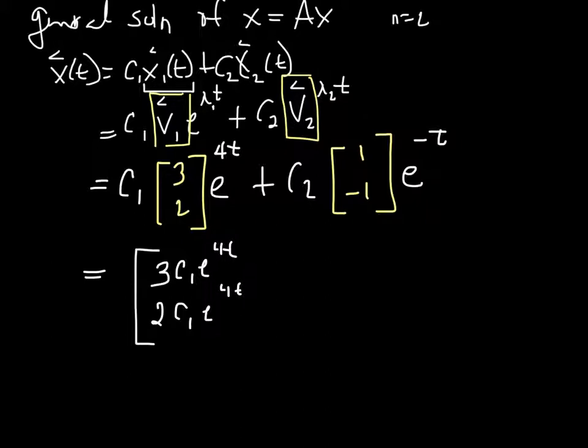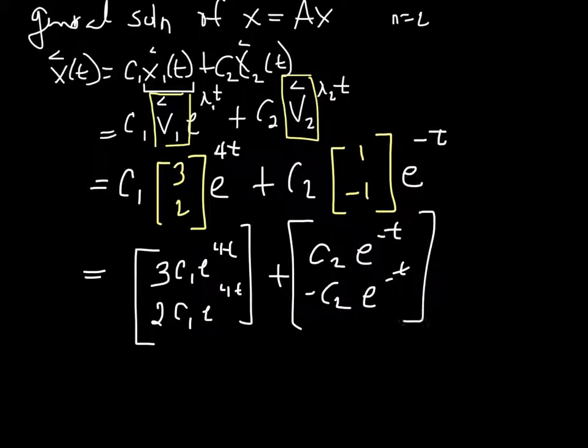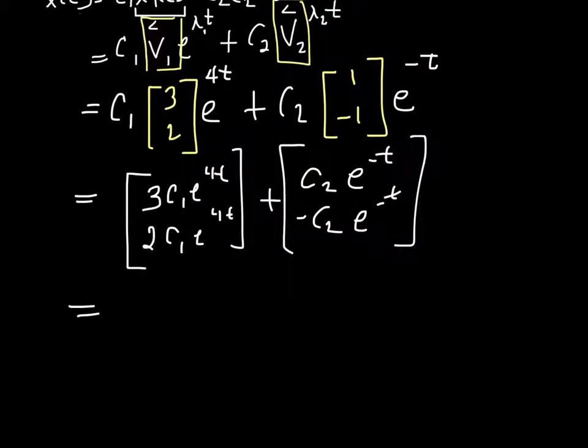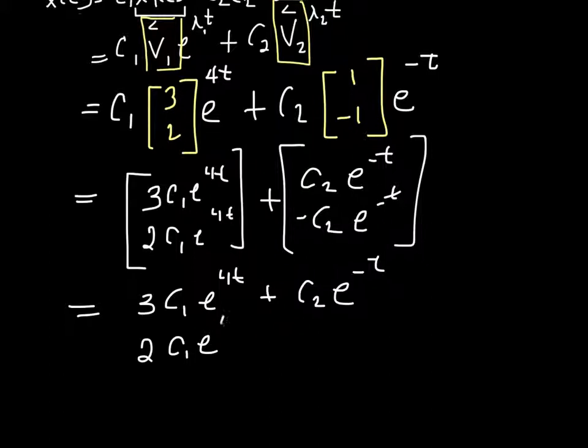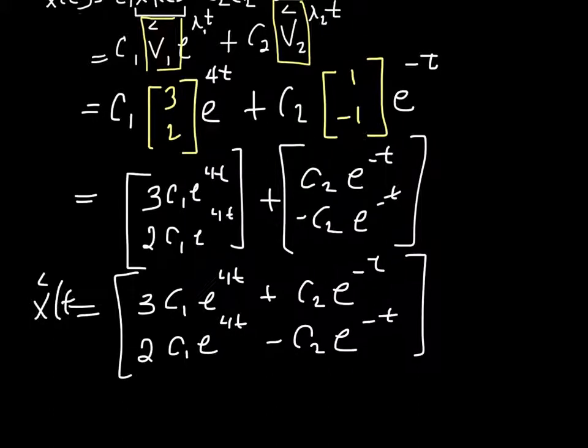I'm going to end up adding here, so plus c2, and let's not skip steps, e to the negative t, e to the negative t, and then of course our vector addition. So we have 3c1 e to the 4t plus c2 e to the negative t, 2c1 e to the 4t minus c2 e to the negative t. So that is our general solution, x of t.